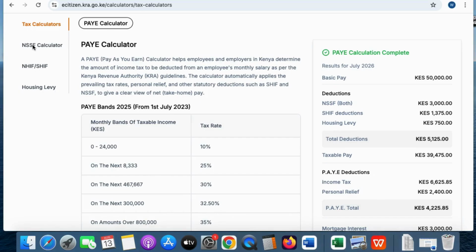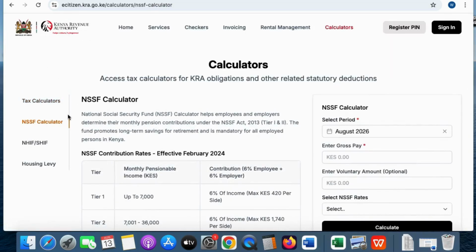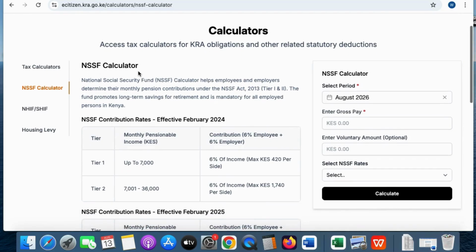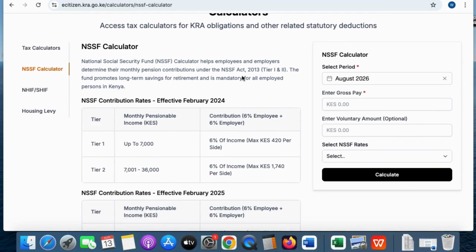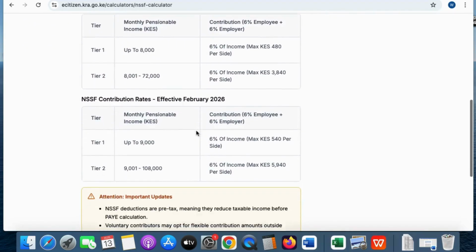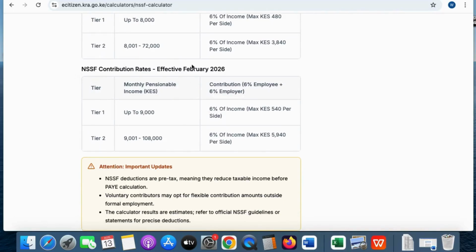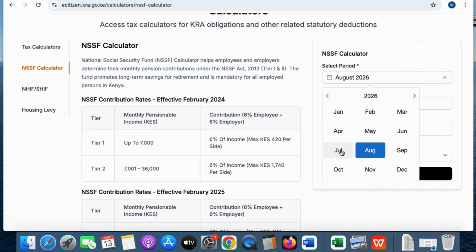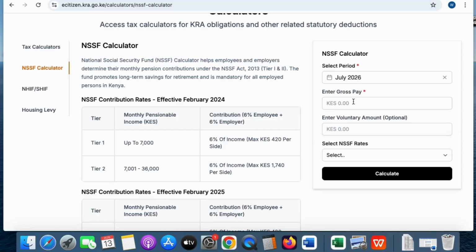Now let's briefly look at the other calculators available on KRA. If you click on the NSSF calculator, this is useful when you only want to calculate the NSSF contributions separately. Using the NSSF rates that you can see here, we have the one that is effective February 2026. The first tier is like a group: the earnings up to 9,000 shillings are subject to 6% contributions, that is from you, the employee.